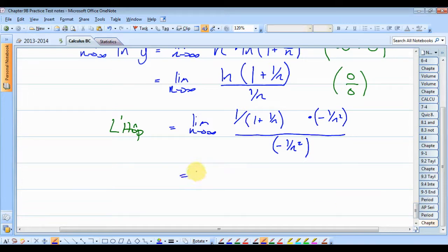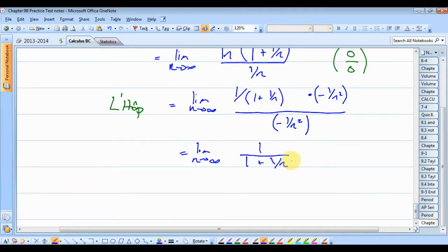And this becomes the limit as n approaches infinity of 1 over 1 plus 1 over n. As n approaches infinity, the second addend in the denominator goes to 0. So this approaches 1. Very good. So the limit as n approaches infinity of the natural log of y is equal to 1.